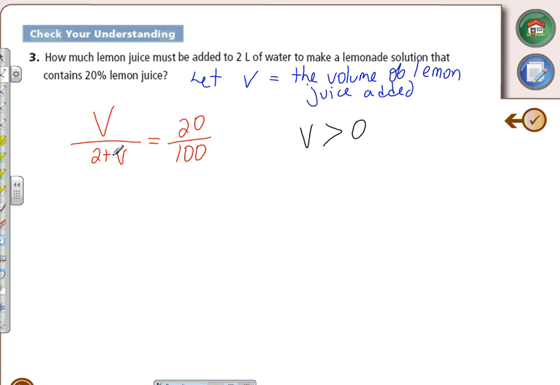The NPV says that V cannot equal -2. Well, yeah, we know that. That doesn't really help us here because we already know that it has to be a positive value to make sense for this whole question. Actually, I'm going to do one thing first.